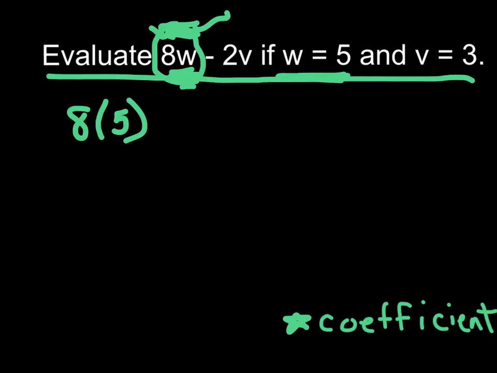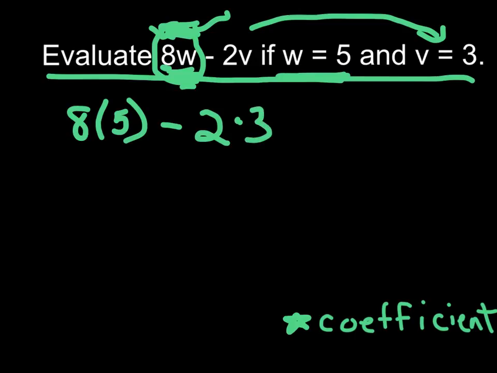If you ever hear the word coefficient, it's the number that we're multiplying your variable with. So then I have minus 2, and then there's a v here, and I can see that the v equals 3. So I'm going to put that 3 in, so that's times 3, and I just showed you another way that I can show multiplying. It's just like that.